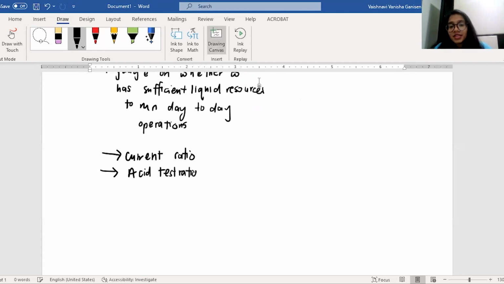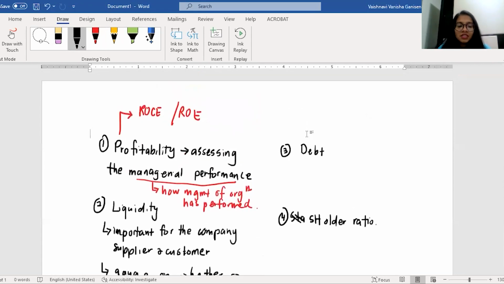Right. Now, for the next one, number 3 will be your debt ratio. Remember, it's pronounced as "det"; the B is silent. Just information for you guys. The debt ratio is important to the financial institution that is providing capital to your organization.